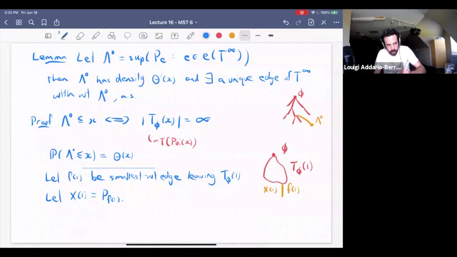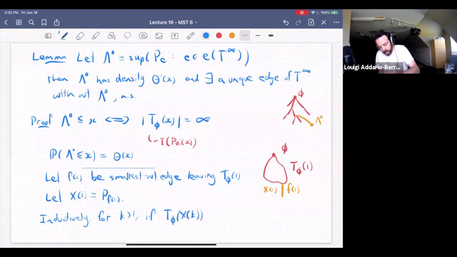So inductively, for k at least 1, if when we do the percolation at threshold xk, what we see is still a finite tree, then we'll explore some more. We'll let f k plus 1 be the smallest weight edge leaving this tree.